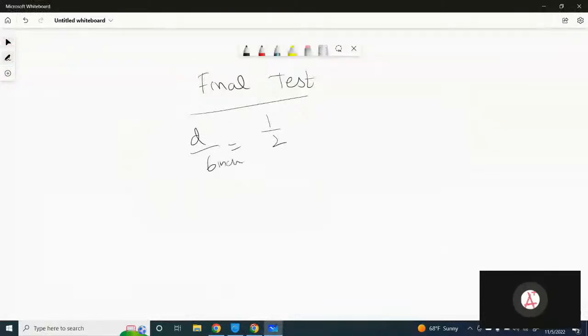Please make sure the same units are on the same side. If you have written inches in the numerator, then on the second side inches must be in the numerator. But here I have written the denominator. So just do cross multiplication. D times 2 equals 6 times 1. Just divide both sides by 2. So D equals 3. Got it? So the correct option is 3. Just select the correct option, then click on the OK button.